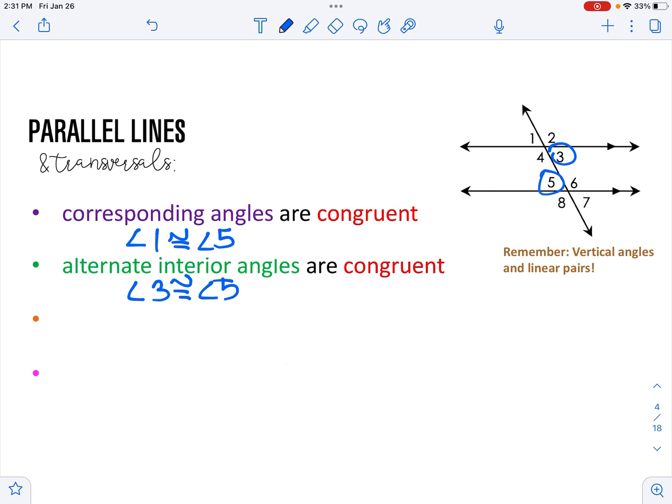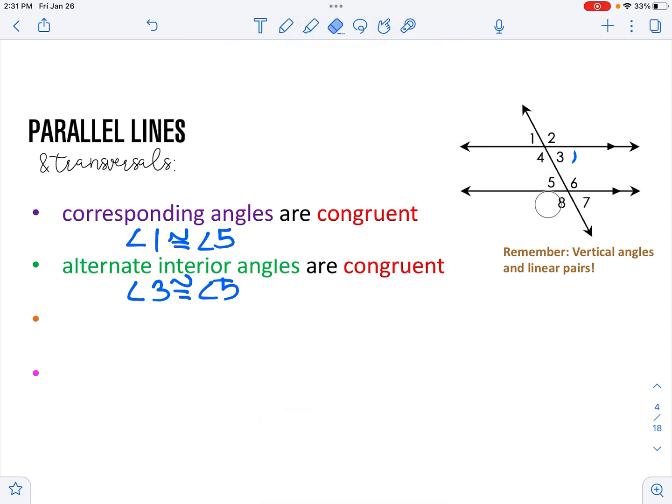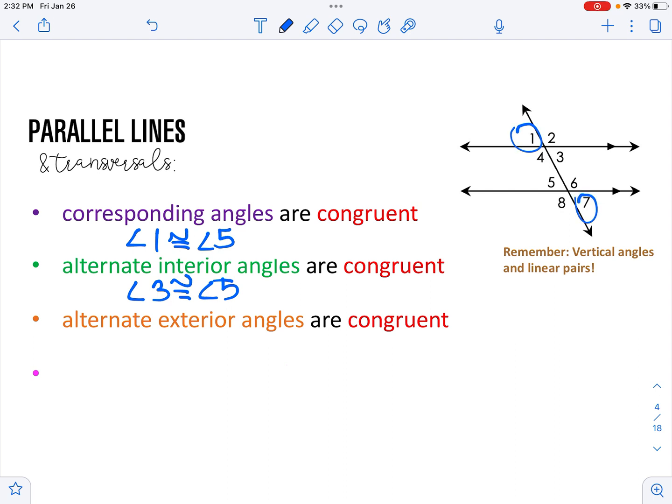We also know that alternate exterior angles, we know what those are, and those would be congruent as well. So alternate exterior might be like 1 and 7 or 2 and 8, but I'll just go with angle 1 is congruent to angle 7. These are just some examples.